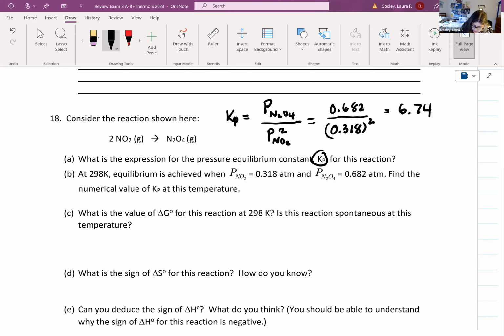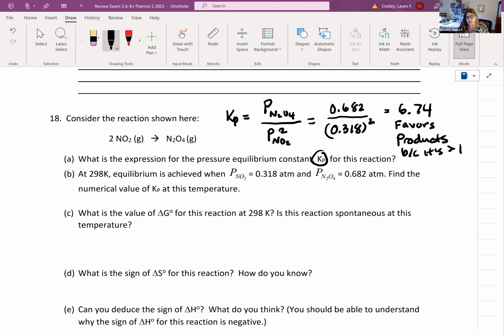Okay, so what does this favor here? Does it favor the reactants or the products? Products? How do you know that? Because the Kp is large. It's large. Basically, 1 is the cutoff, right? It's greater than 1. This is not overwhelmingly favoring the products.